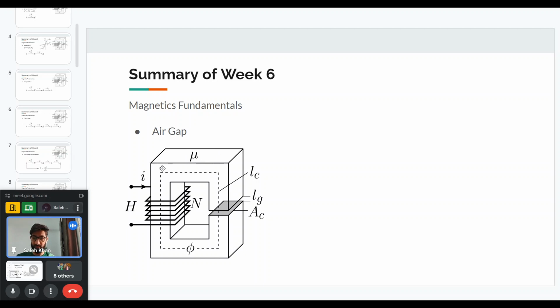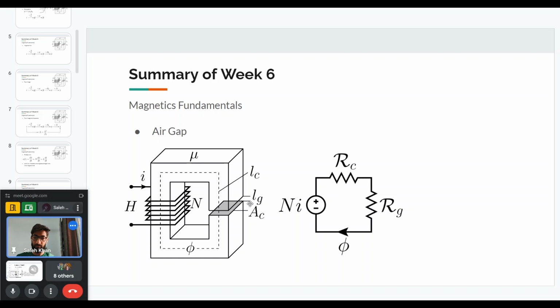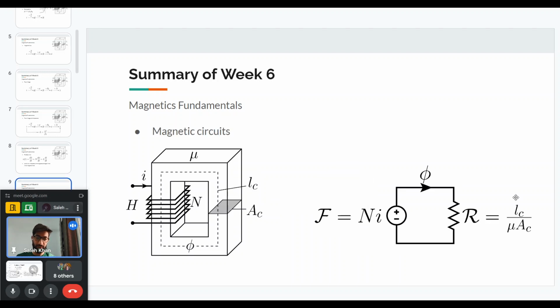One will be the reluctance of the core, which will be much less than the reluctance of the air gap, because as we saw, the formula for reluctance is Lc divided by mu Ac, and mu is the relative permeability factor times the permeability of free space, and that mu r can be in the range of thousands.